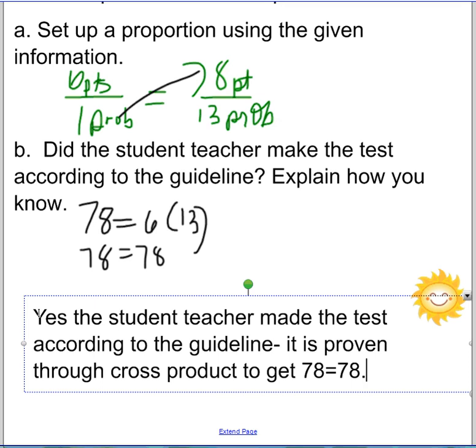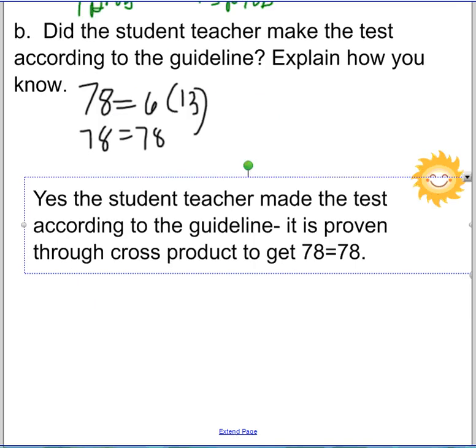There are going to be some problems on your Hawks Learning that go into writing your ratios using different units that you have to make the same. And so I do want to give you one example of that before we go.